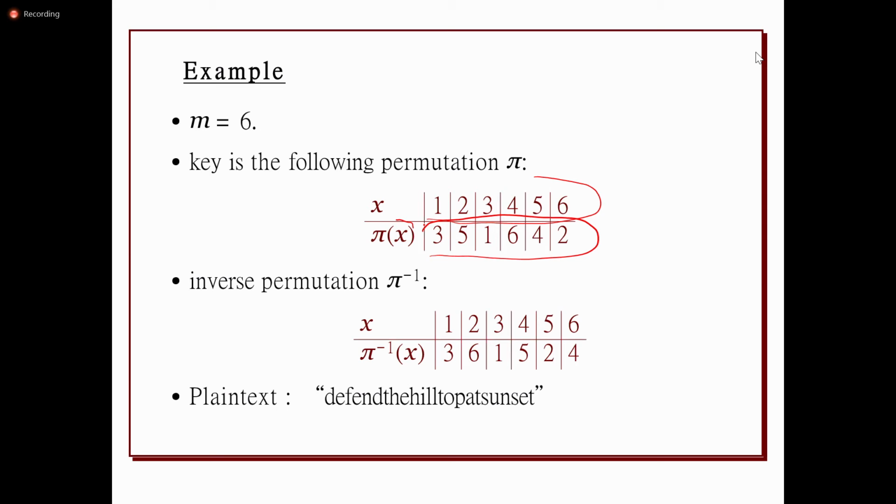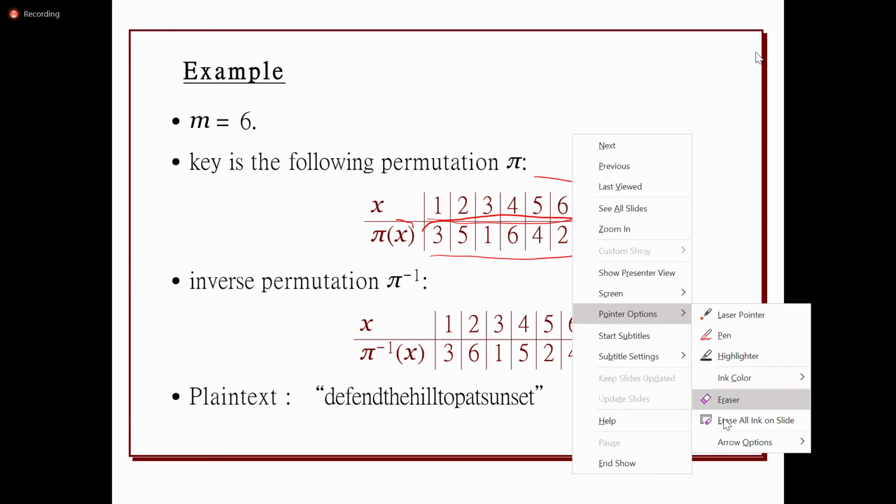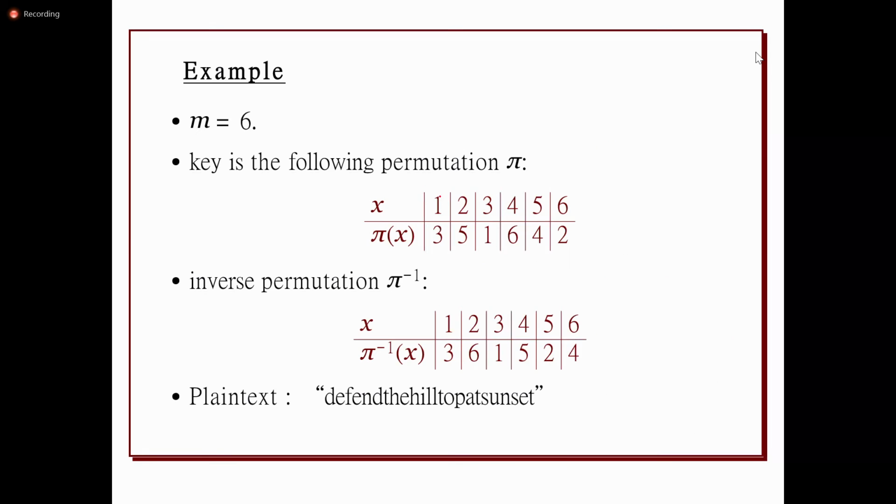Here, if the plain text characters are in the order 1, 2, 3, 4, 5, 6, while generating the ciphertext, the third alphabet will be placed over here. Next, the fifth alphabet will be placed, then the first alphabet, sixth alphabet, fourth alphabet, and second alphabet. Like that, it will change the position of the alphabets, and that will be considered as the ciphertext.